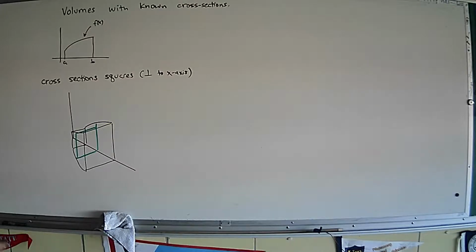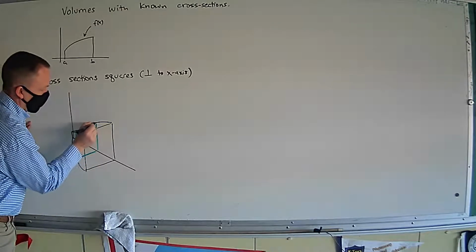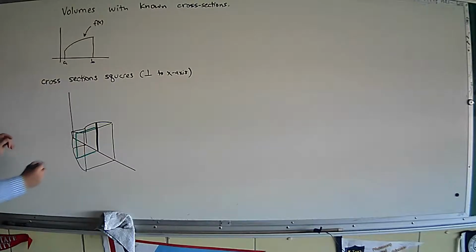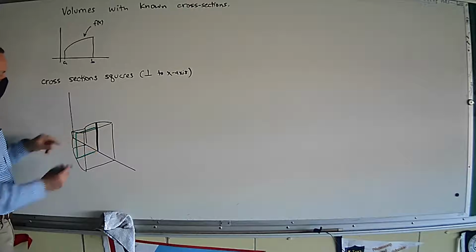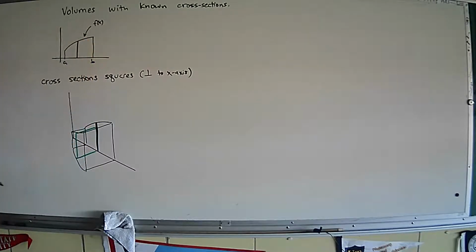Dx, okay? And how we know that is because of that line right there that I'm drawing. When that length is vertical, it's dx thick. That's how we've always done it, right?